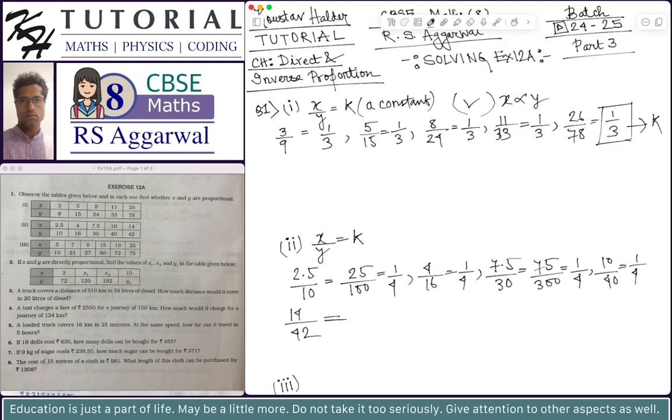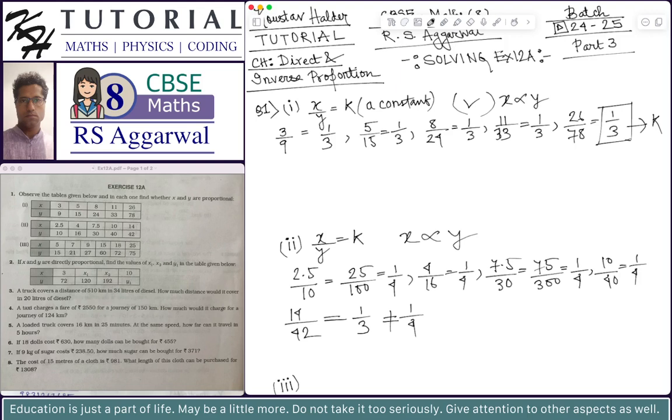Now this is equal to 1 by 3, which is not equal to 1 by 4. So for the second table, the quantity x and y are not in direct variation; x does not vary directly with y.